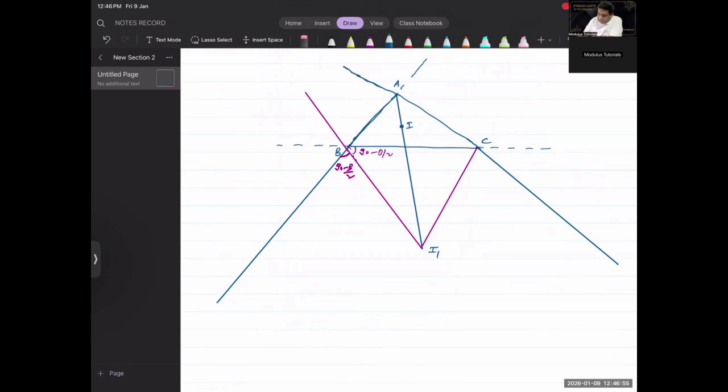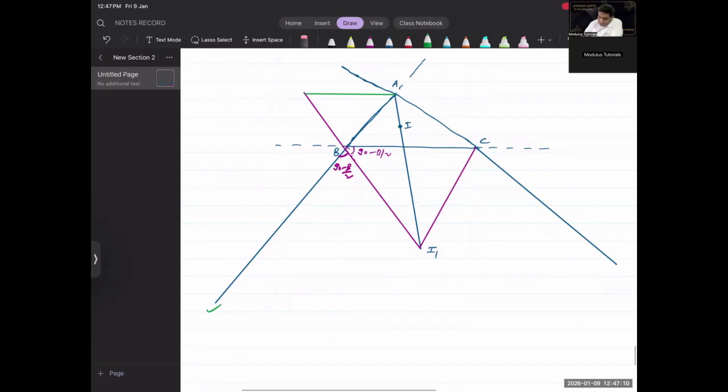It's going backwards. So let me draw the angle bisector. Right, this is what's happening. Got it? Now, if you notice, because of this blue line and the purple line, this will be 90 minus B by 2. Is this clear, guys? Any problem whatsoever?